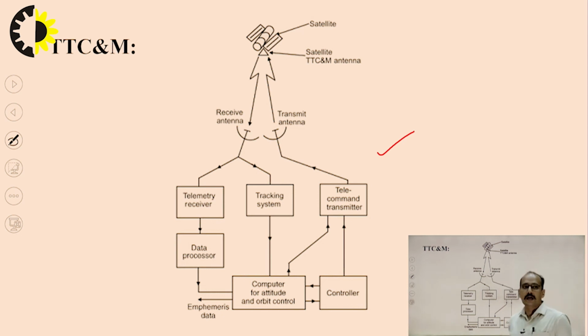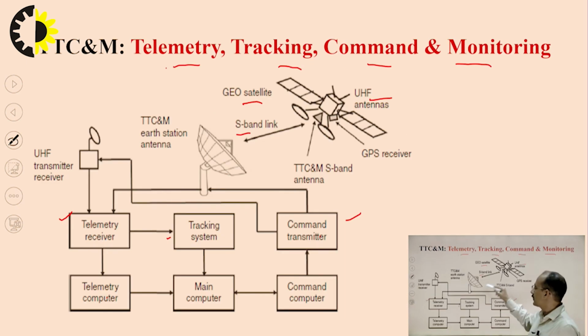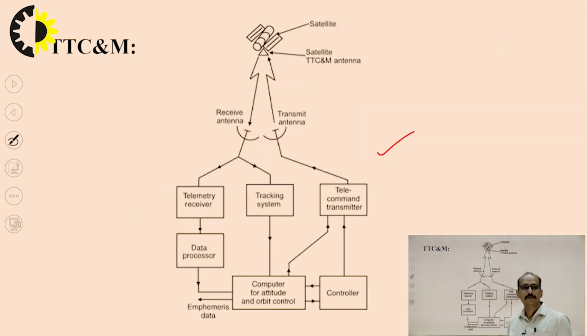A single antenna in duplex mode is also used for this TTCM part. So it is not always required that there are two antennas for the TTCM system. Sometimes, as shown in the previous one, you are using the same antenna for transmitting as well as receiving the data. So the antenna is going to be used in duplex mode.